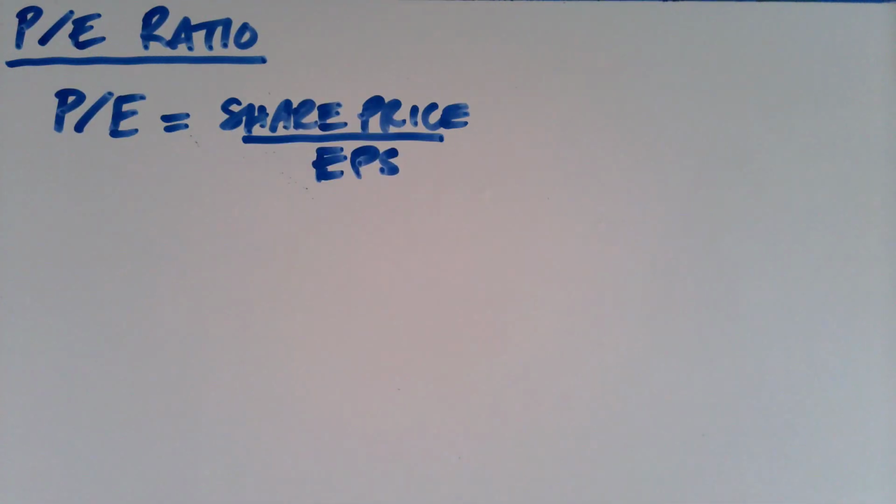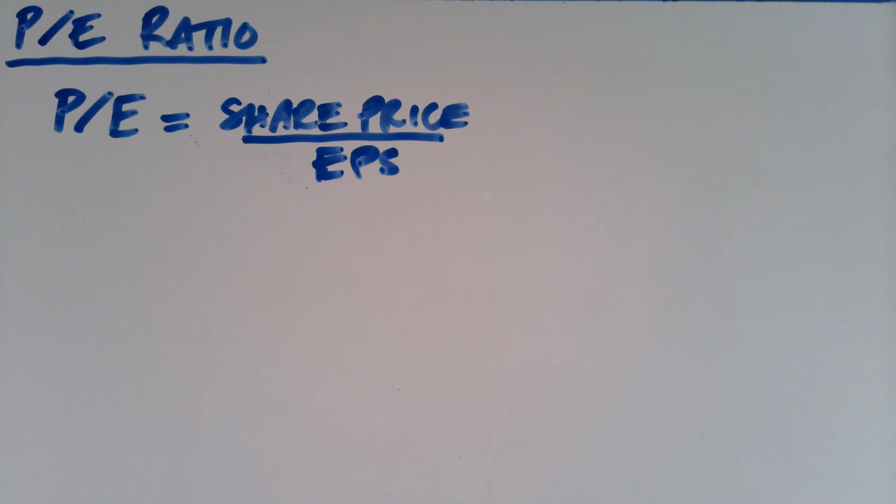Let's look at PE ratio. PE ratio is simply the share price divided by the earnings per share. For some reason, this formula gives students problems when they see it in questions where they are being asked for earnings per share or share price. But the algebra manipulations are actually quite simple.